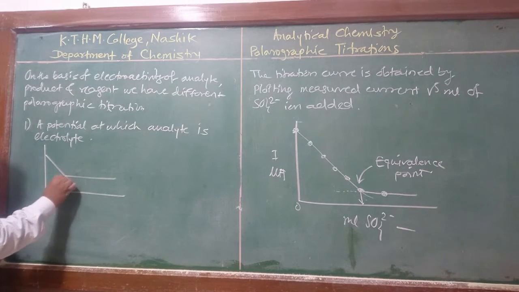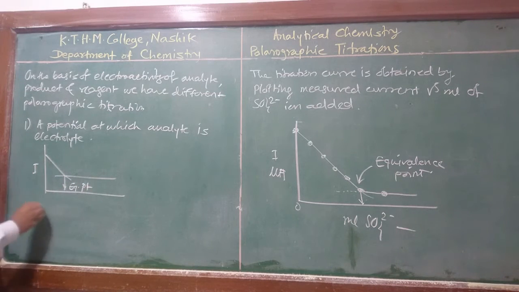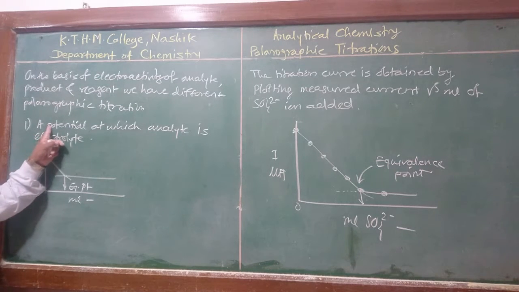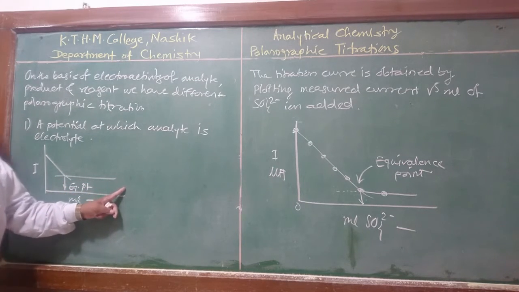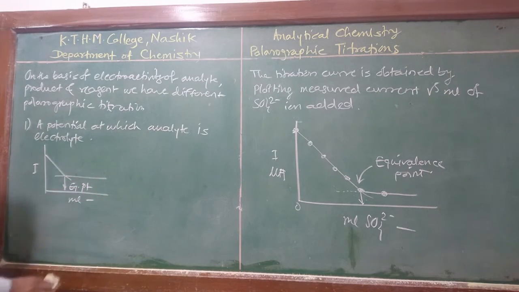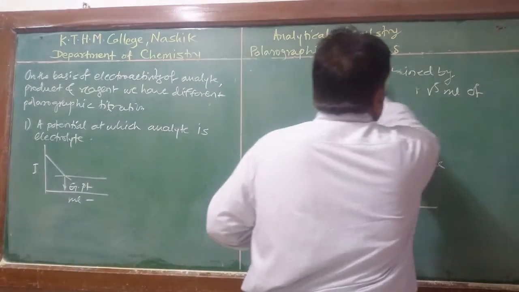This is the equivalence point. This is current, this is ml of titrant added. Therefore, when only the analyte is electroactive, the diffusion current decreases up to the equivalence point, and after that it remains constant.